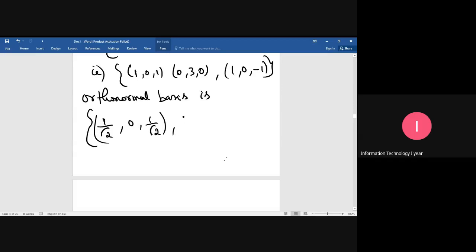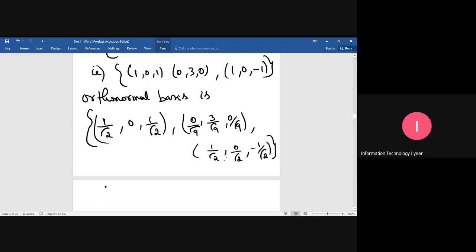Then the second vector, 0, 3, 0 divided by the square root of 9. Then the third vector is 1 divided by square root of 2, 0 divided by square root of 2, minus 1 by square root of 2.